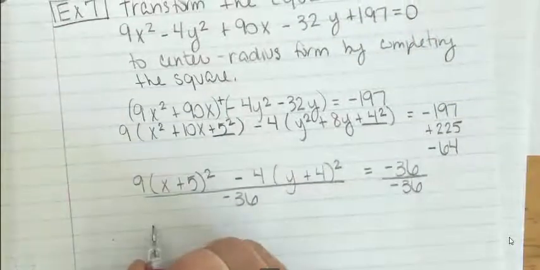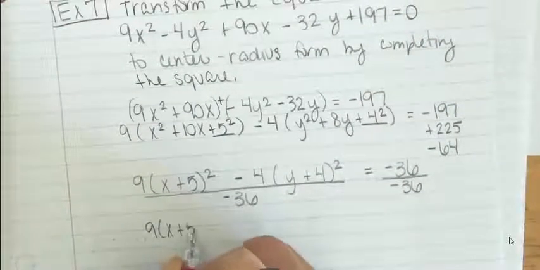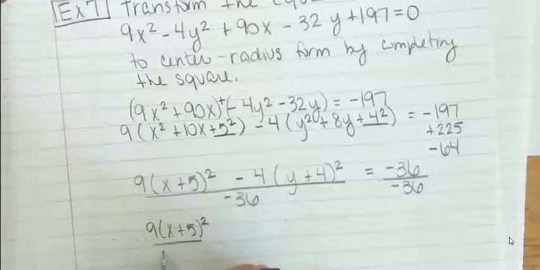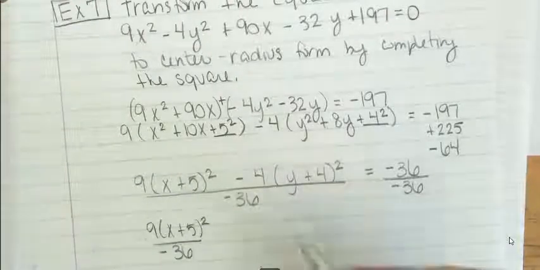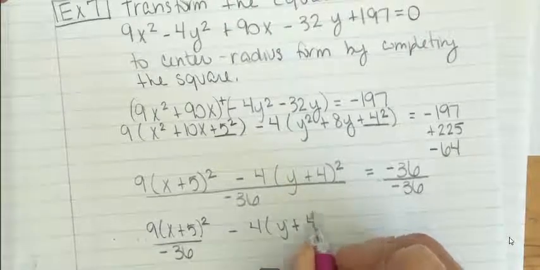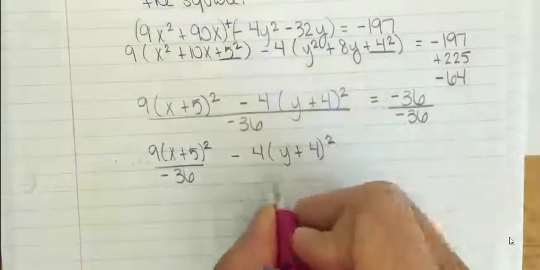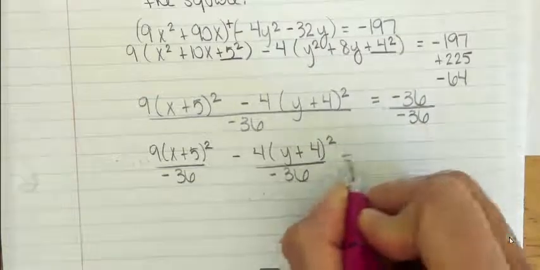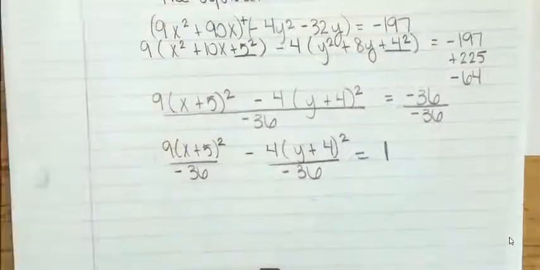So I'm going to take 9 times x plus 5 squared and divide that by negative 36. And then I'm also going to take that negative 4 times the quantity y plus 4 squared, divide that by negative 36, and that's going to leave me with a positive 1.